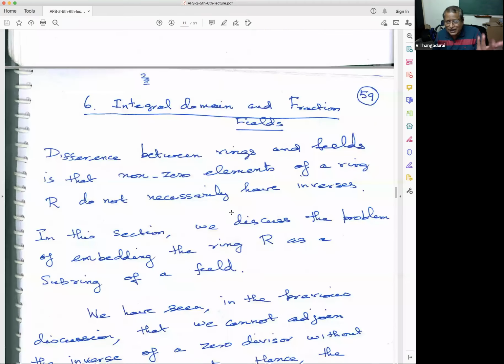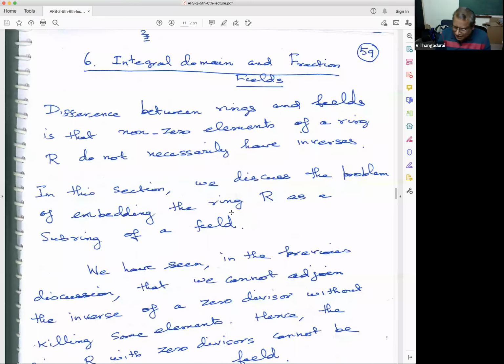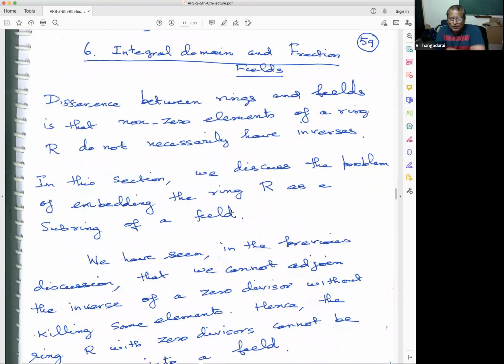It is a field, but the point is it does not contain the given ring. So here we want to solve when the given ring will be a subring of a field. Embedding means we want to find an injective homomorphism from R to a field K, for some field K.